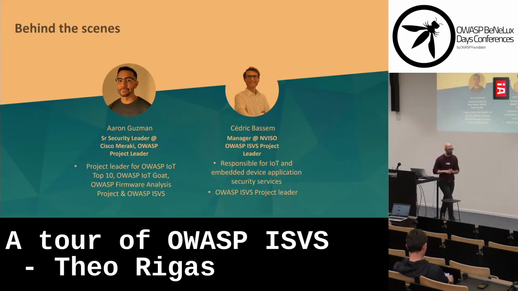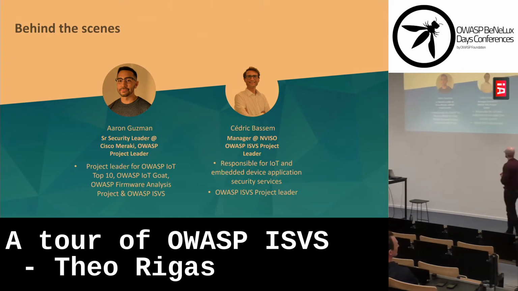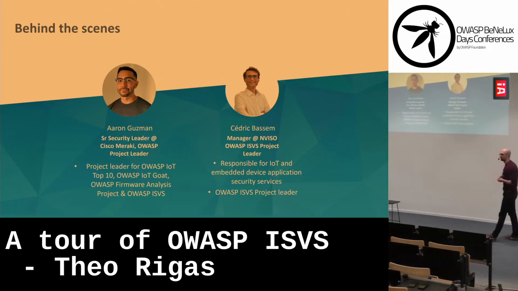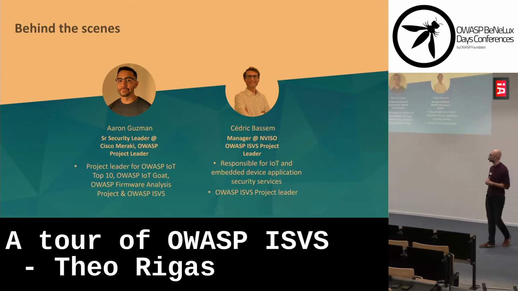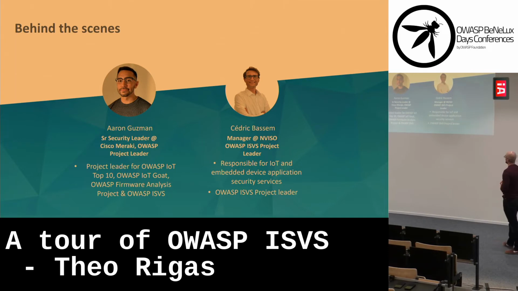These are the people who started this project and who are currently leading it. So you have Aaron, who is a senior security leader at Cisco, and he's also project leader for a lot of IoT-related OWASP projects. So you have the IoT Goat, which is a vulnerable IoT application that people can hack to learn about IoT security, the firmware analysis project, and of course the OWASP ISVS.